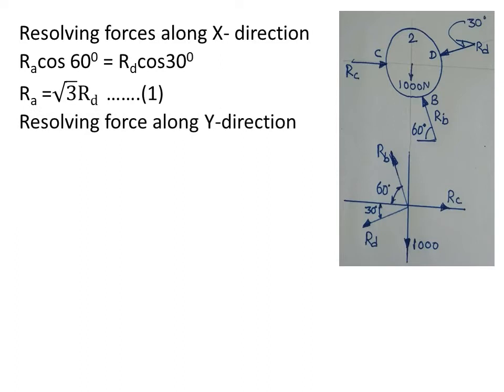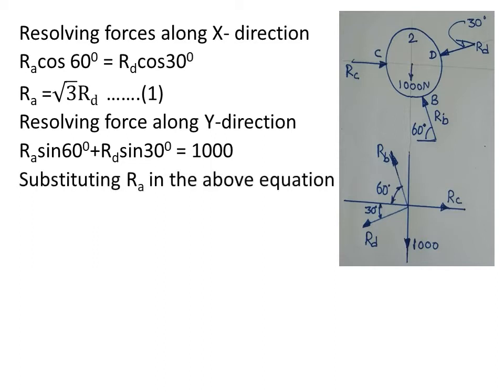Resolving forces along y direction. RA sin 60 degrees plus RD sin 30 degrees equal to 1000. Substituting RA in the above equation, root 3 RD sin 60 degrees plus RD sin 30 degrees equal to 1000.